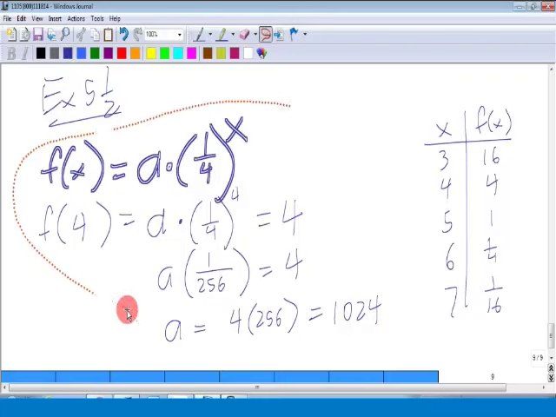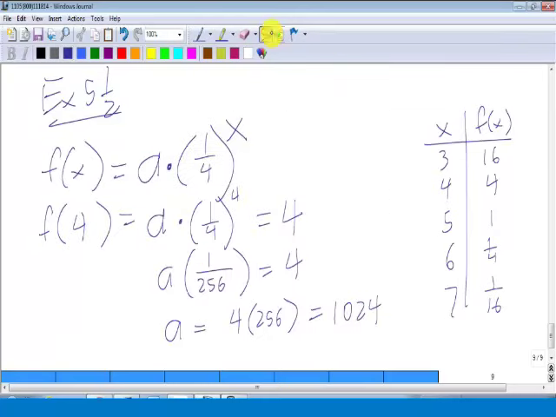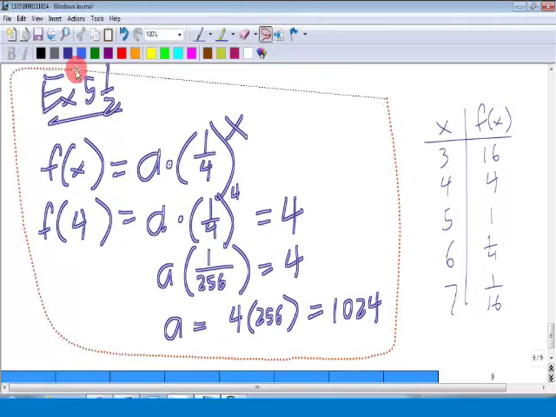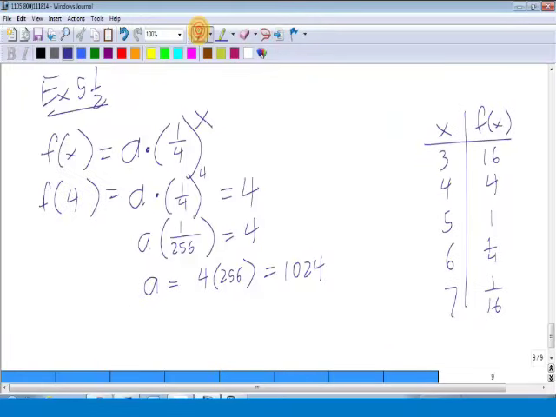Would you be willing to believe that f of x equals 1,024 times 1/4 to the x power is going to work for all 5 of these points?